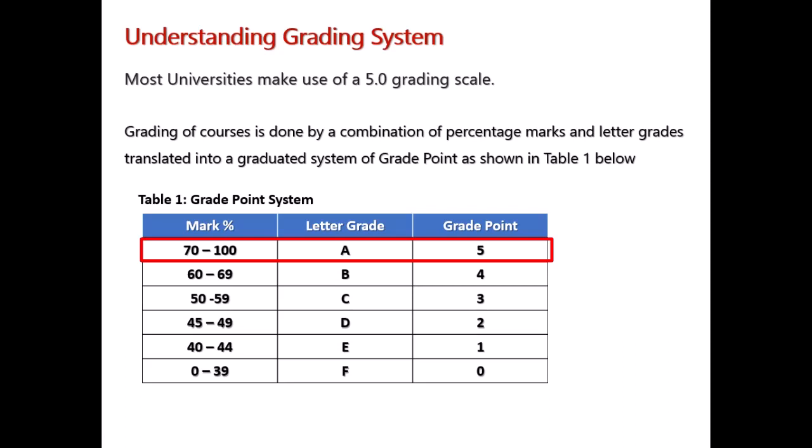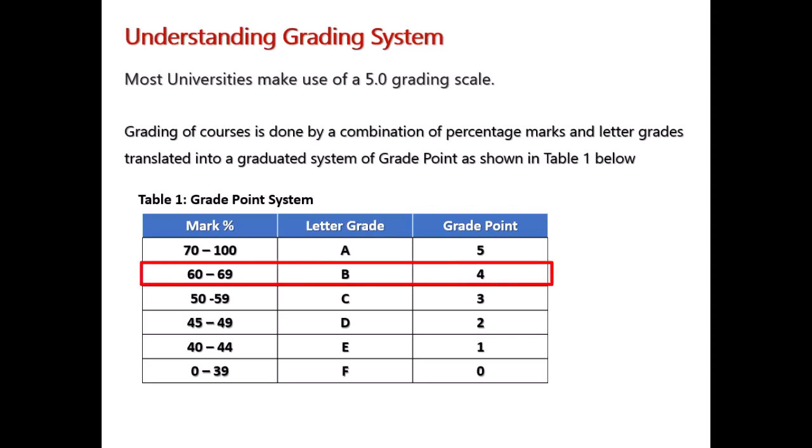If you have a score in any course within the range of 60 to 69%, you will be awarded a grade letter of B, which obviously has a grade point of 4.